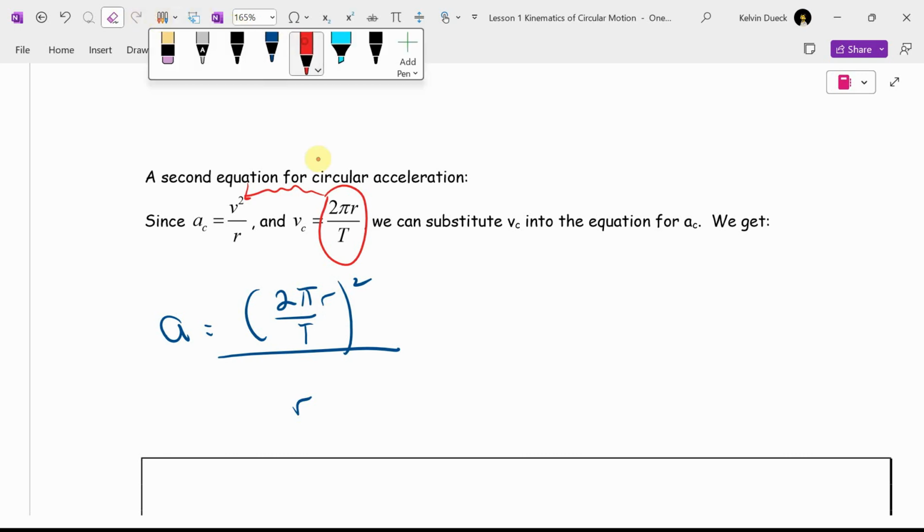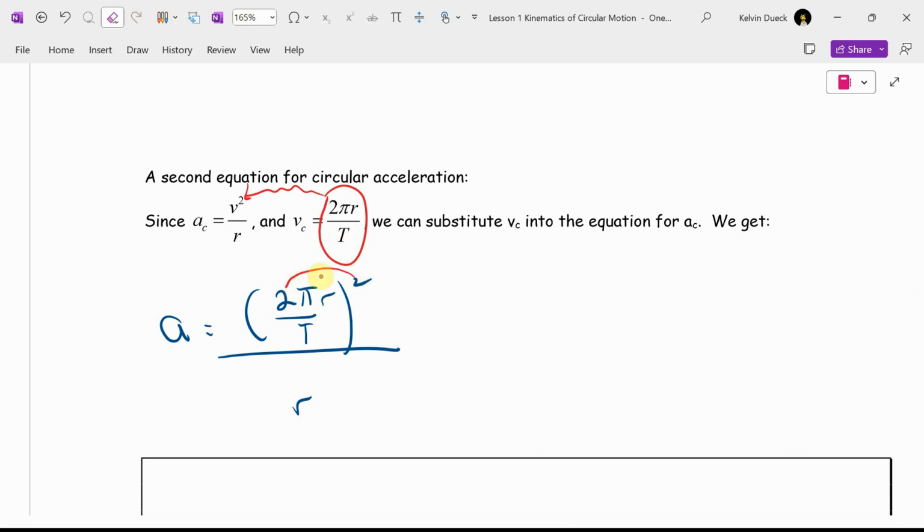Well, really what that means is that the square is going to go onto the 2, onto the pi, onto the r, and onto the T. So what I'm really going to get is A equals, what's 2 squared? 4.